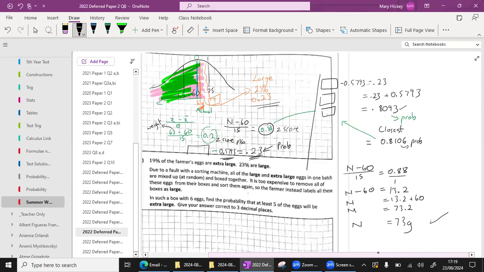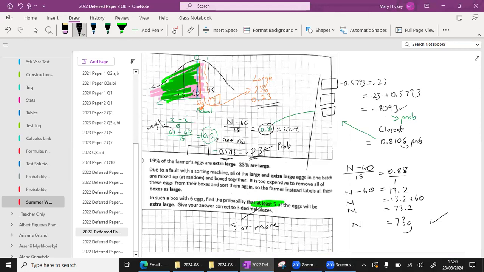In such a box with 6 eggs, find the probability that at least 5, so that's an important phrase, at least 5 of the eggs will be extra large. Give your answer correct to 3 decimal places. So if it's at least 5, would you agree it's 5 or more?